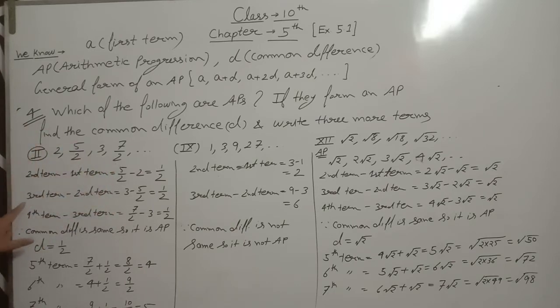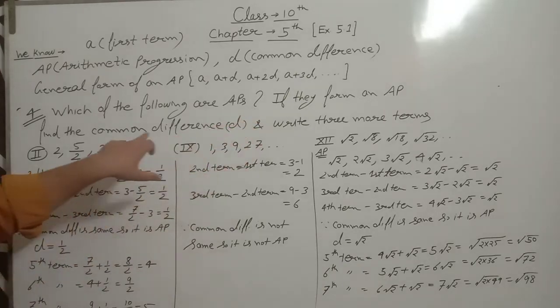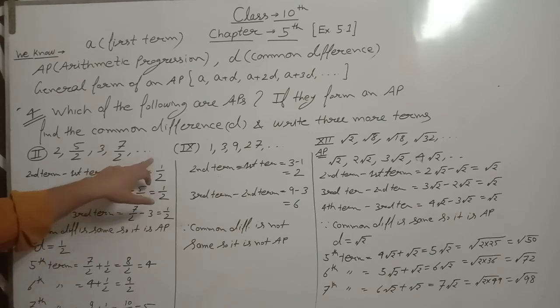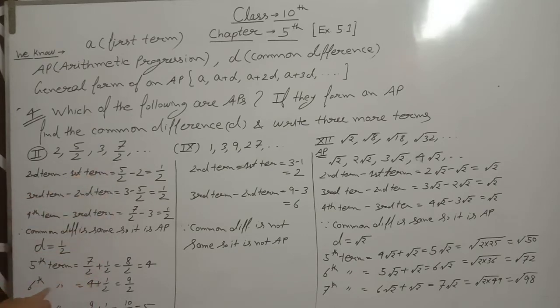The value is always the same because the common difference is the same, so it is an AP. The common difference is 1/2, and for the next three terms, the 5th term is the 4th term plus d, the 6th term is the 5th term plus d, the 7th term is the 6th term plus d.